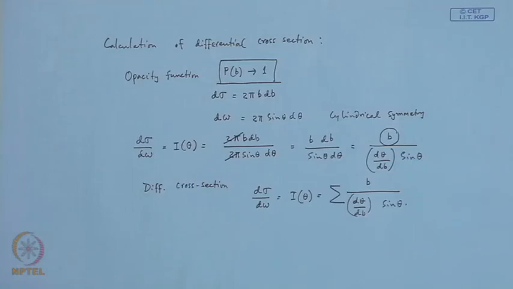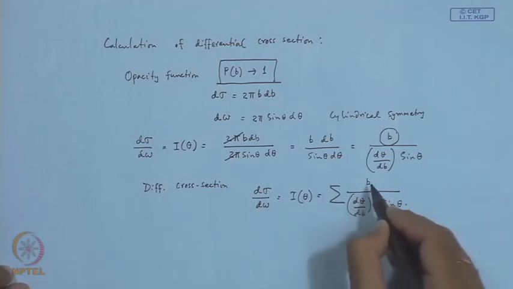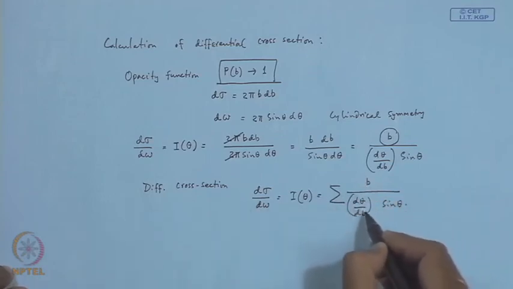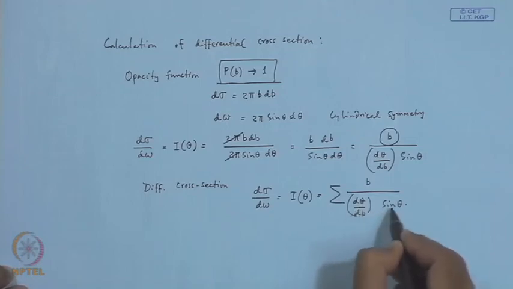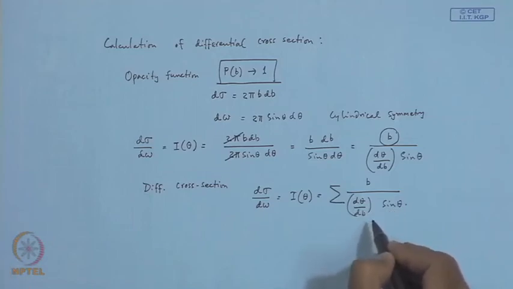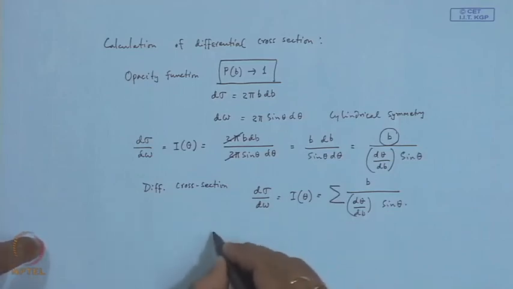Suppose you have got two things, that is differential cross section, you see that it depends on b, but in the denominator you have d theta dB and sin theta. So what is happening is that this differential cross section will have singularities.